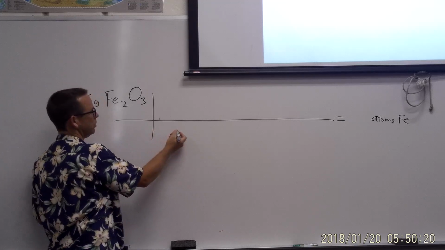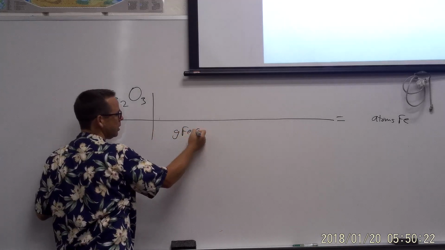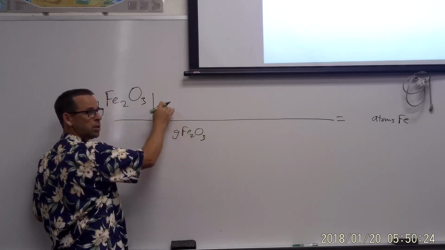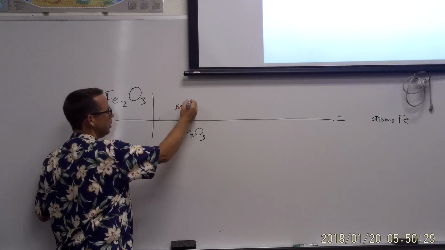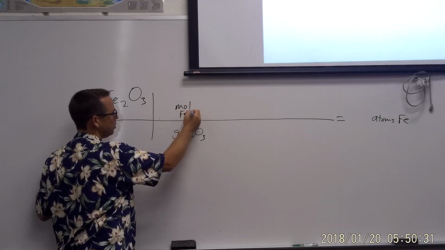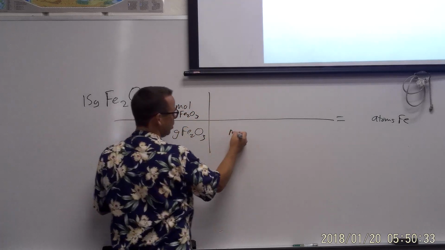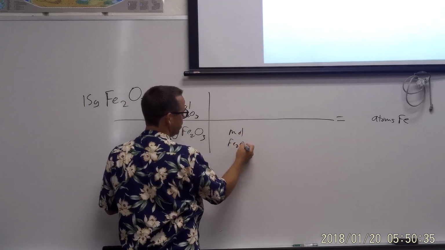All right. Grams of Fe2O3 go down here, right? What goes up here? Where am I going? Land of the moles. Moles of Fe2O3. Then, once I have moles of Fe2O3, what am I going to do with that?